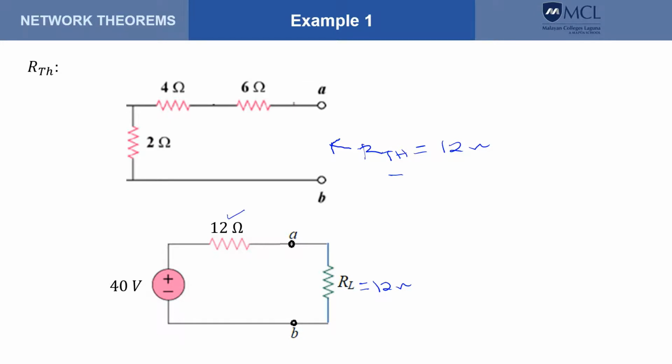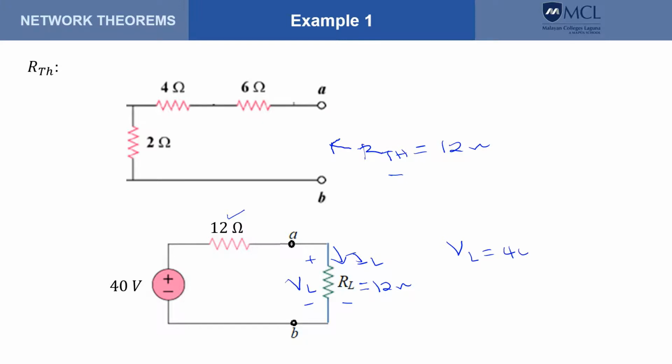And now that we have RL, the question is what is the power absorbed by RL at a value of 12 ohms. We could either get the voltage across RL, let's call it VL, or the current through RL. We can get the voltage using voltage divider.